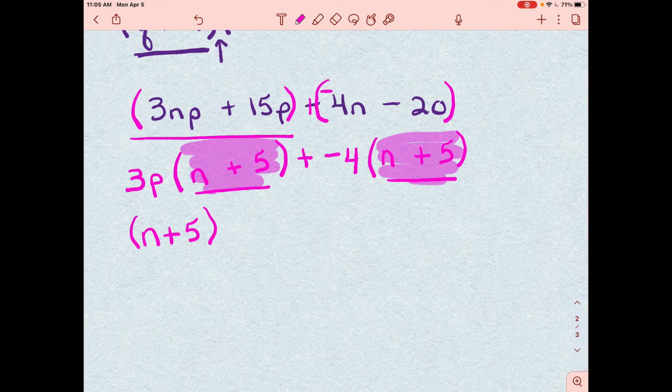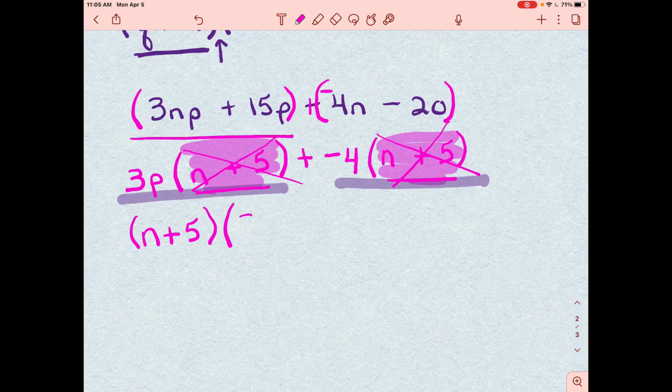That is what both of these, this set of multiplication and this set of multiplication, are going to contribute: an n plus 5. What's going to be left behind after I factor out n plus 5? Factoring out n plus 5, I have 3p minus 4.